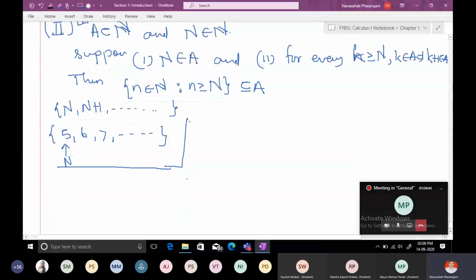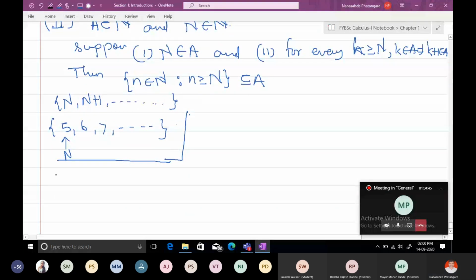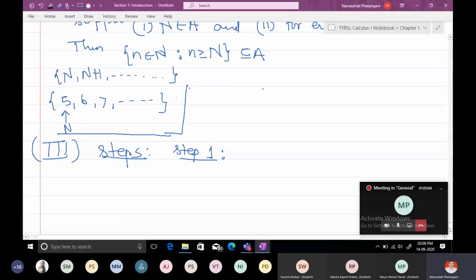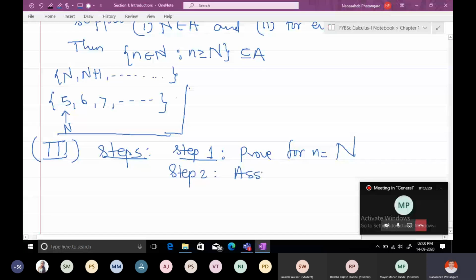And therefore, what are the main steps? Step 1: if you want to prove some result in this general case, and your n is not 1 but some bigger number, then prove for n equal to capital N. Step 2: assume for k greater equal n.